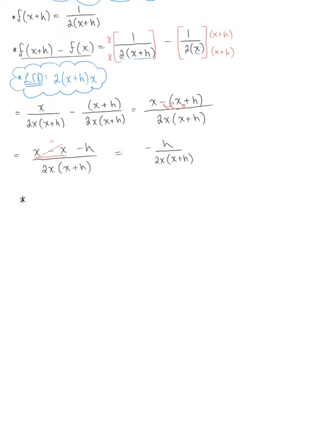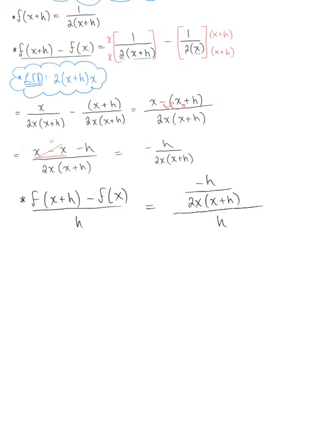So our last step here is to take this and divide by h. So last but not least, we need to find the full simplified difference quotient, f of x plus h minus f of x, all divided by h. So plugging in what we just found, our numerator is negative h divided by 2x times x plus h, and this is now all divided by h.